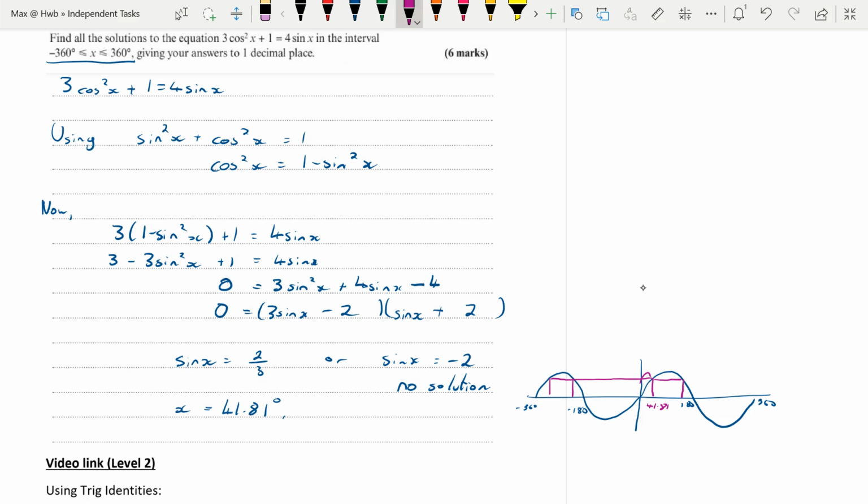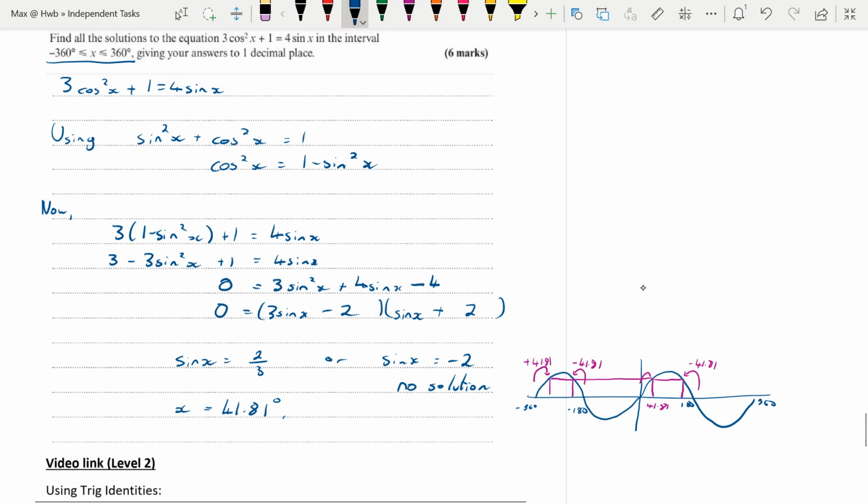So if I look at this top one, I'm going to have to do 180 take away 41.81. Down here, I'm going to have to jump from minus 180 down, so I'm going to take away again. And then I'm going to go from minus 360 up, so I'm going to add 41.81. I'm just using this first solution to my advantage and jumping the same amounts.